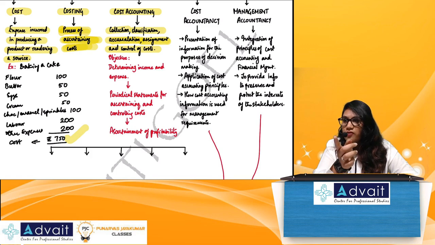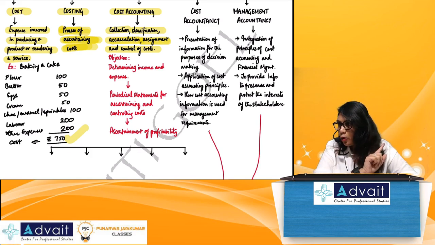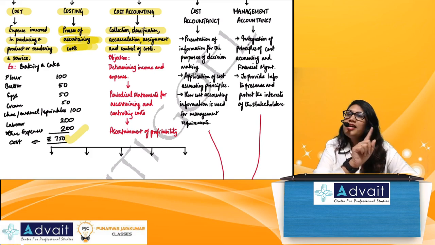From 3,000, there could be 2 things. Either I didn't estimate properly, my 3,000 itself was wrong. Or something has gone wrong for it to become 5,000, 2,000 rupees more. So now I have to control that. So in an organization, cost control is very, very important.